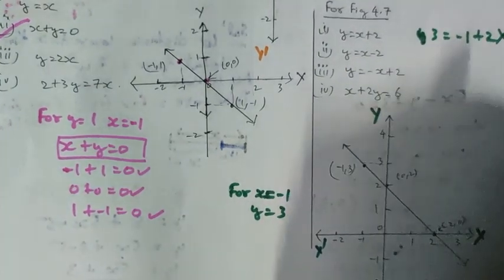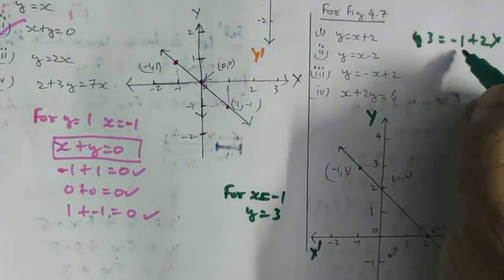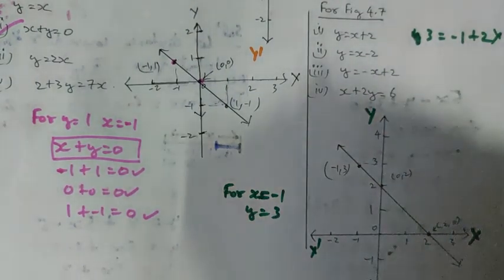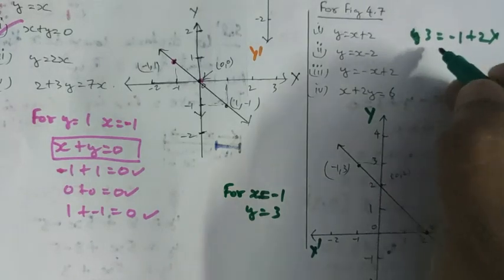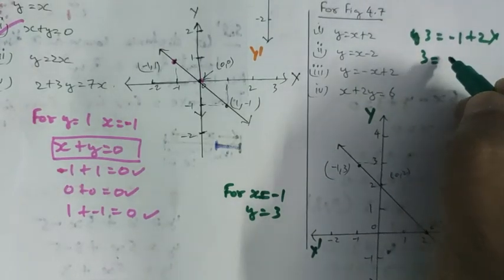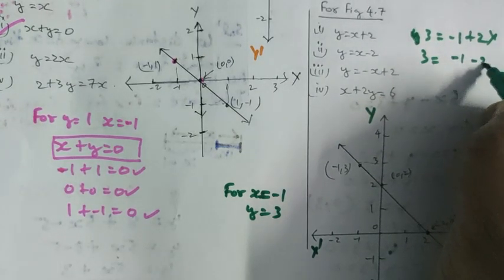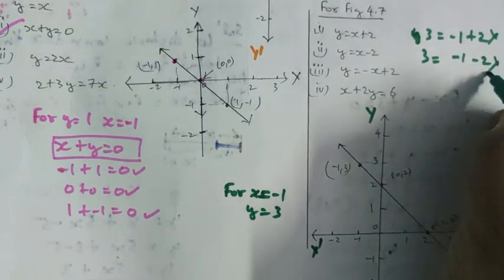This is wrong, because -1 plus 2 is 1, and 3 cannot be equal to 1. Second one, y equals x minus 2. With x as -1, that gives -3, and 3 cannot be equal to -3.